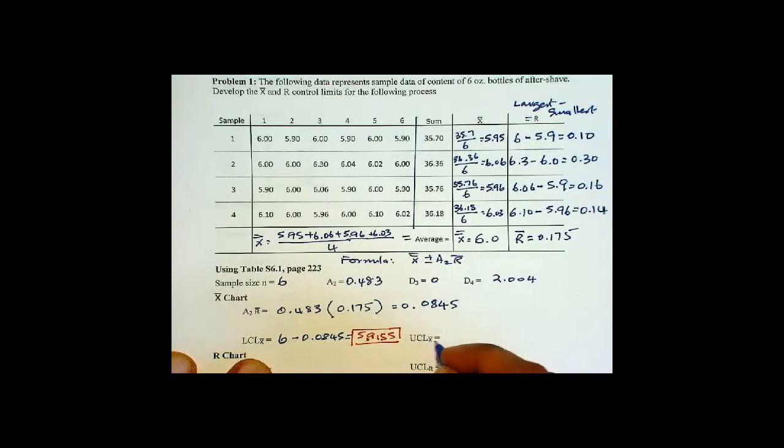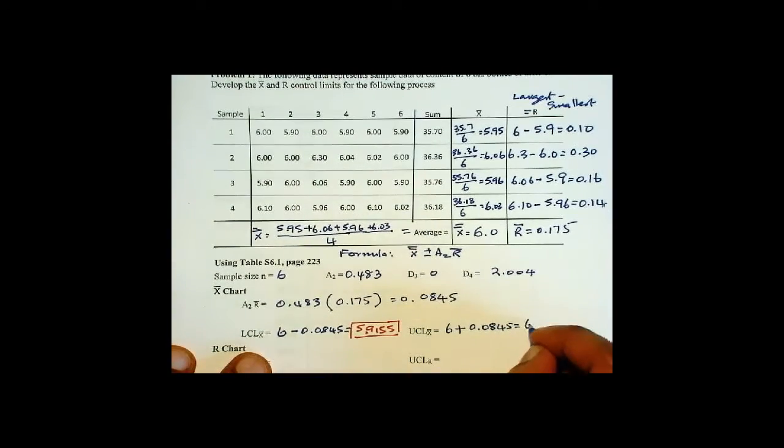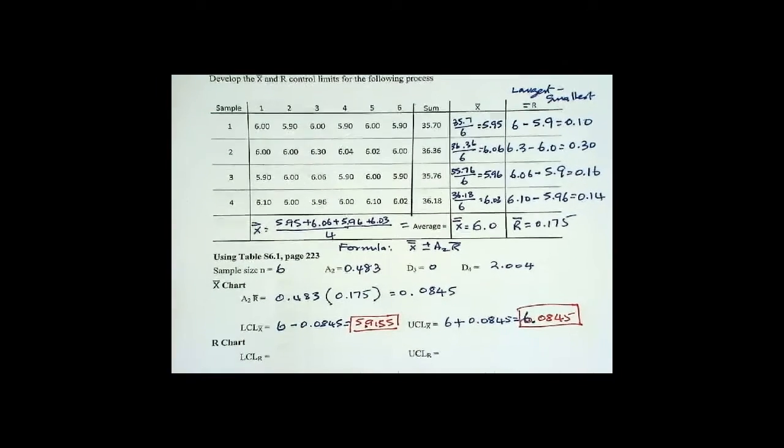The upper limit is 6 plus 0.0845, so that will be 6.0845.